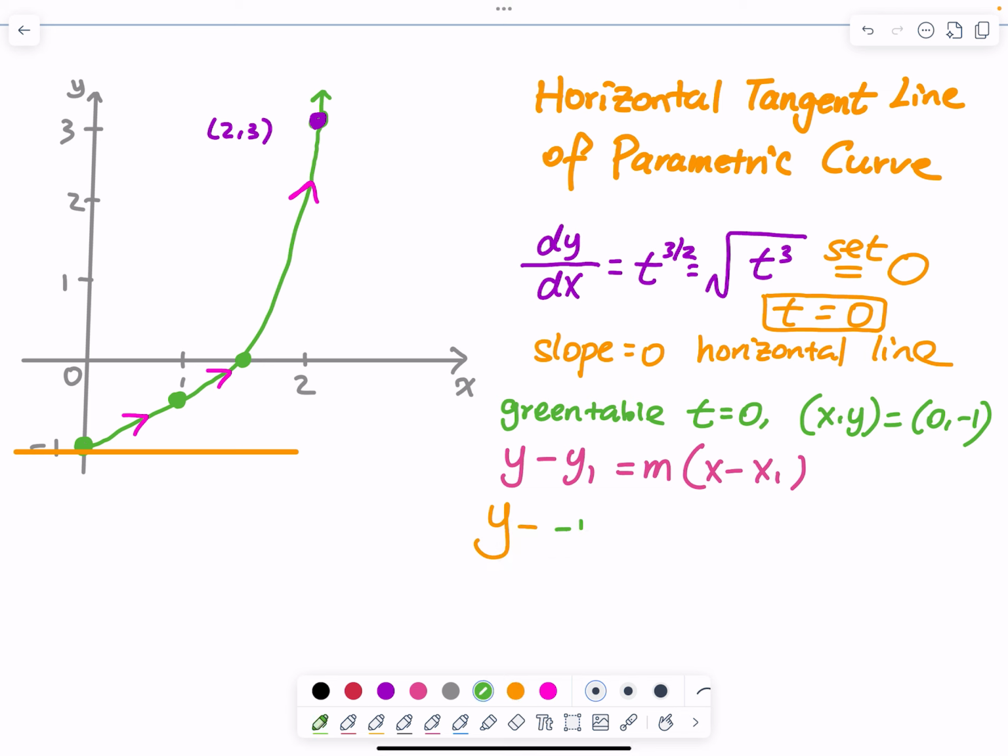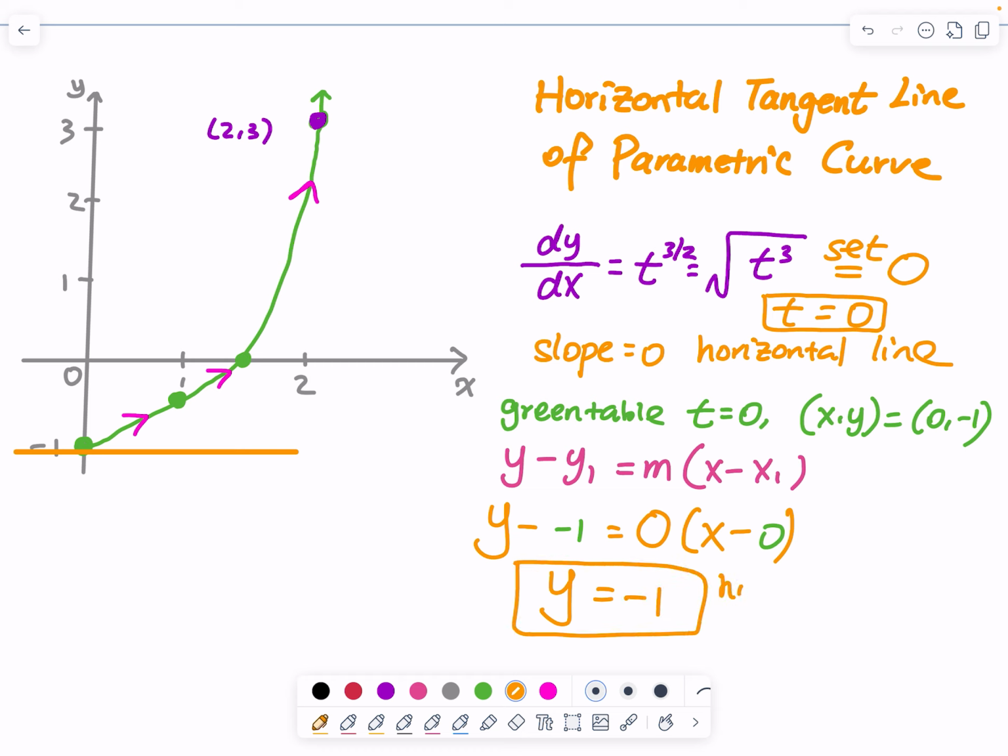I can even follow the color, and then equals slope is 0, times x minus x1, where x1 is 0. Okay, and then the right hand side is equal to 0. You have y plus 1 on the left side. That means y is equal to -1.